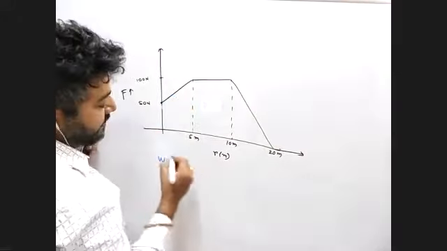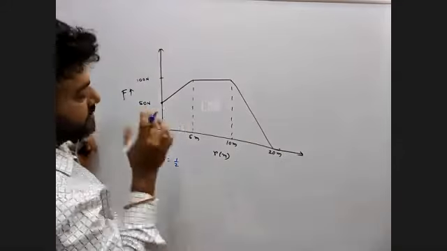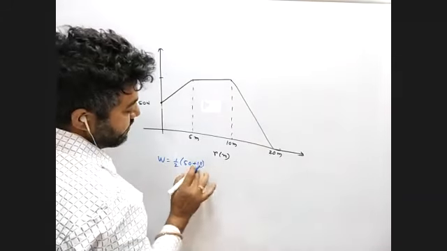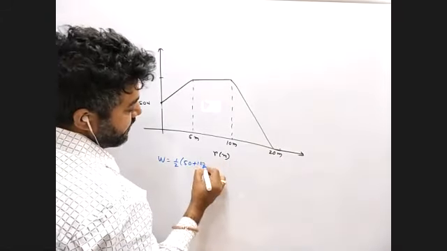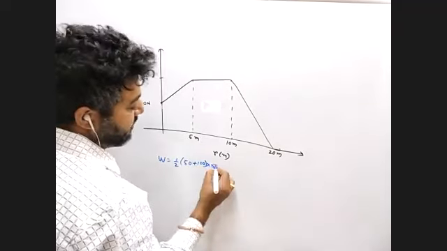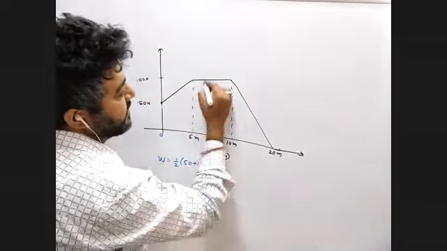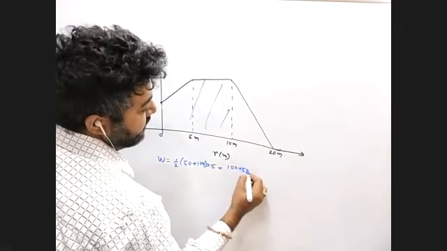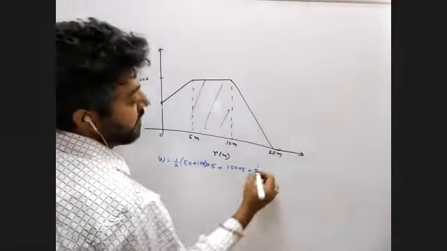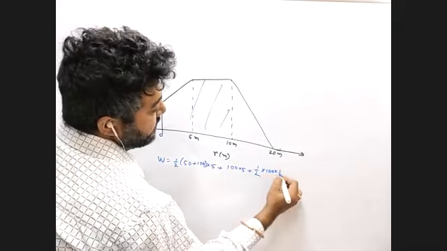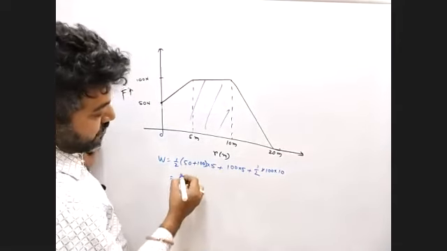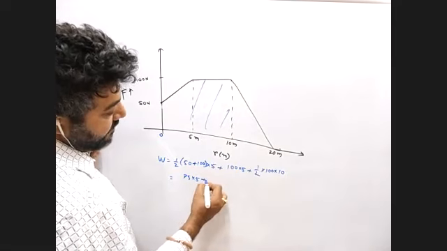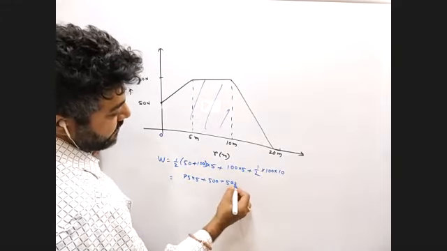This you can find by the area of the trapezium, that is the sum of the two sides, 50 plus 100, into the separation between them, 5, plus area of the rectangle, 100 into 5, plus area of the triangle, 100 into 10. So what you have: 150 by 2, that is 75 into 5, plus 500, plus 500.